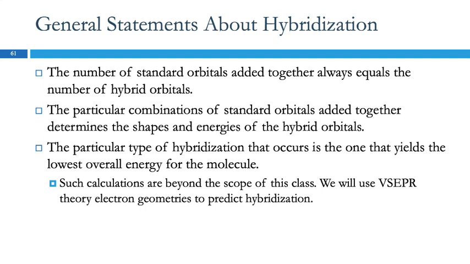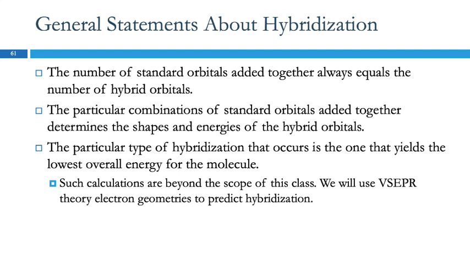So some general things. The number of standard orbitals from the s, p, d, and f that you get from the atoms, the number of those that are added together is always going to equal the number of hybrid orbitals. So we're not going to gain or lose orbitals. The particular combinations that we have are going to determine the shape and the energies, and the type of hybridization, is it 1 s and 1 p, or is it s and 3 p's, is the one that yields the lowest energy.